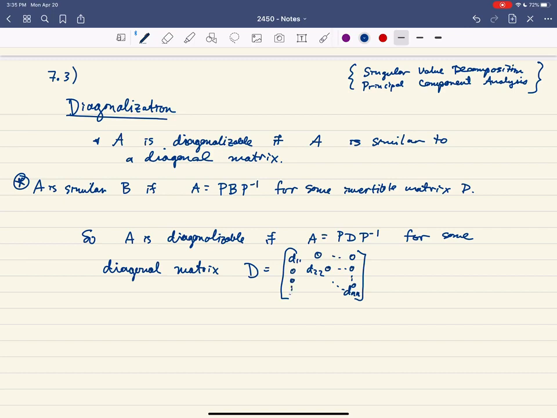Right, so you have zeros everywhere else. Okay, so that's a diagonal matrix. And it turns out that A is similar to a diagonal matrix if and only if it's diagonalizable. So we'll actually give a nice characterization of which matrices are diagonalizable and which are not.